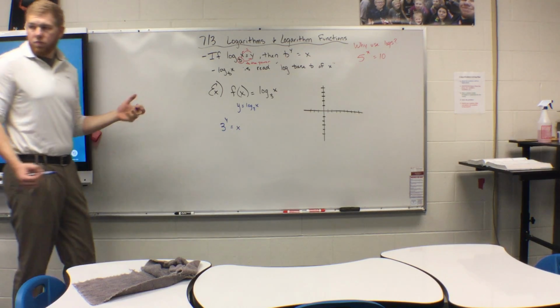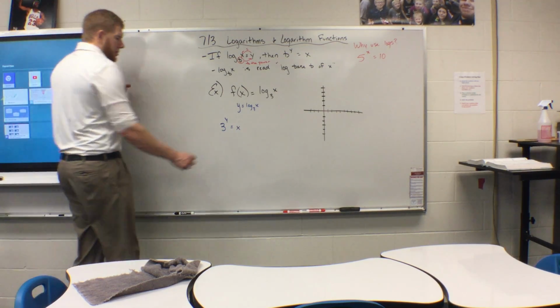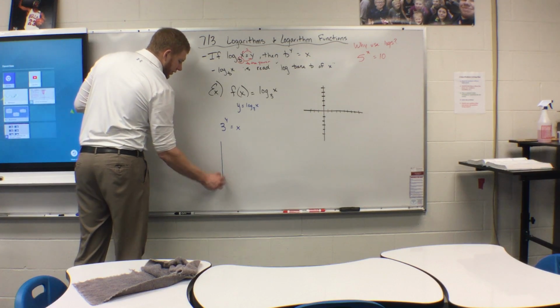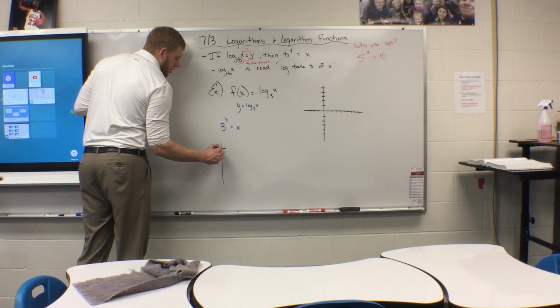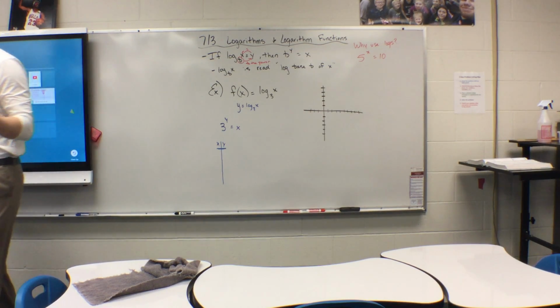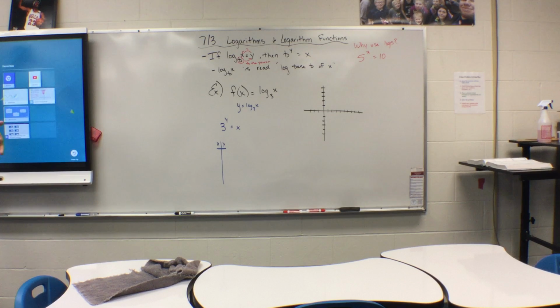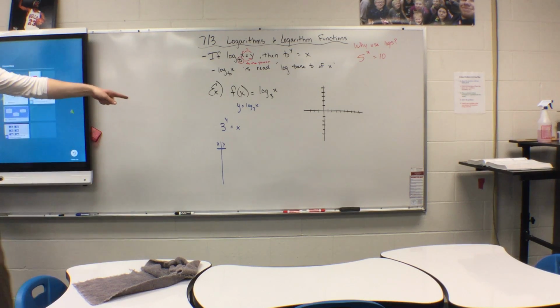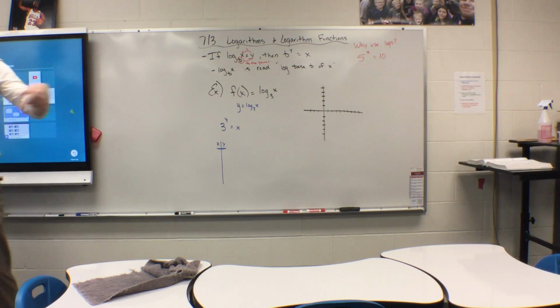Well, when I make a table, typically I plug in values for what first? I plug in values for x, right, to get my y out. Well, in this case, this is like the inverse of y equals 3 to the x power.